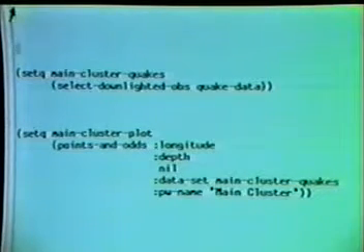Here are the statements that define a new dataset containing only the main cluster of quakes. Let's now draw a new scatterplot of depth versus longitude for the observations in the main cluster.